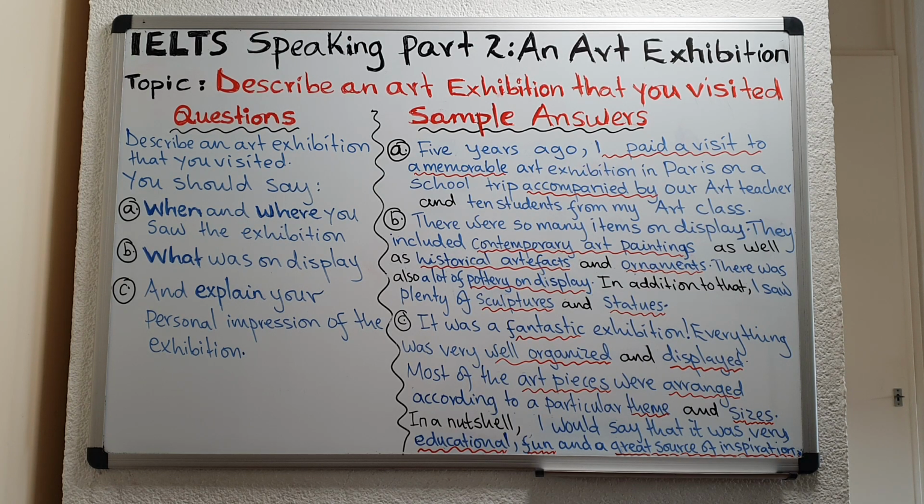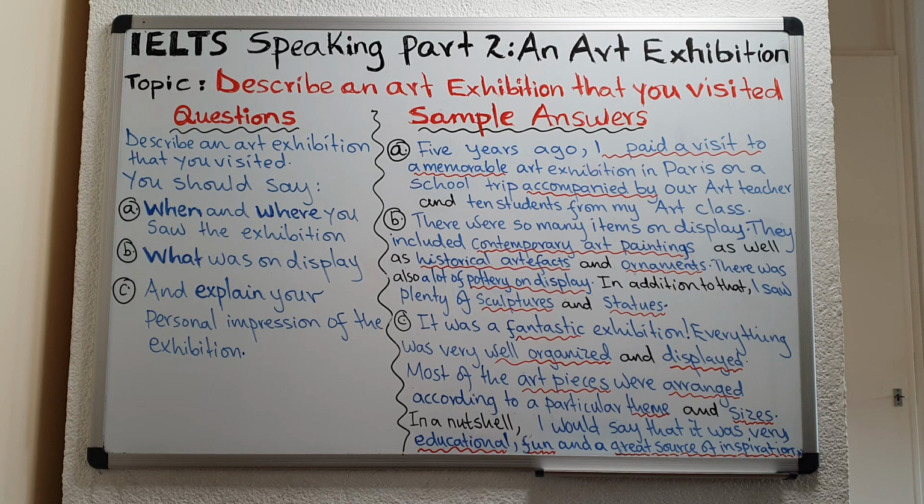There was is in the past tense. I saw plenty of sculptures. Saw is also in the past tense. So if the verb in the question is in the past tense, then use the past tense to give your answers. And then in C, explain your impression of the exhibition.